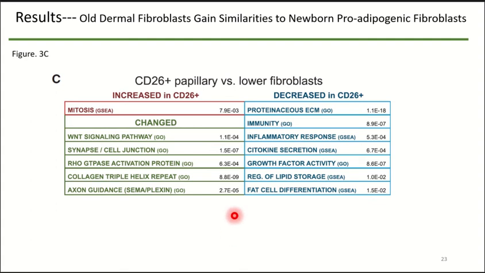From Figure 3c, we can observe that one distinguished transcriptional feature of papillary fibroblasts is related to the formation of cell junctions as well as to cell division and WNT signaling. It suggests that these upper dermal fibroblasts are likely prone to establishing cell contact and engaging in signal transduction with neighboring cells.